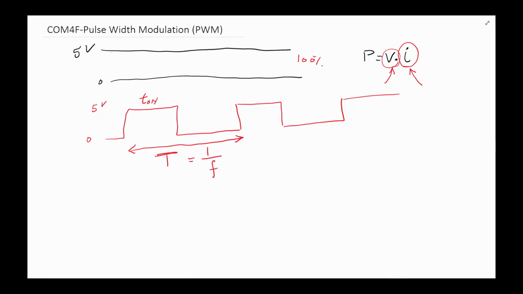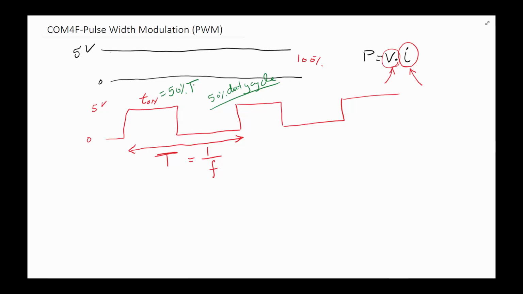So for example, let's assume we set T on to 50% of the period. So half the time is on, half the time is off. And by the way, this signal is said at this point to have a 50% duty cycle. That's another word used to refer to this. And that basically means that 50% of the time is on.